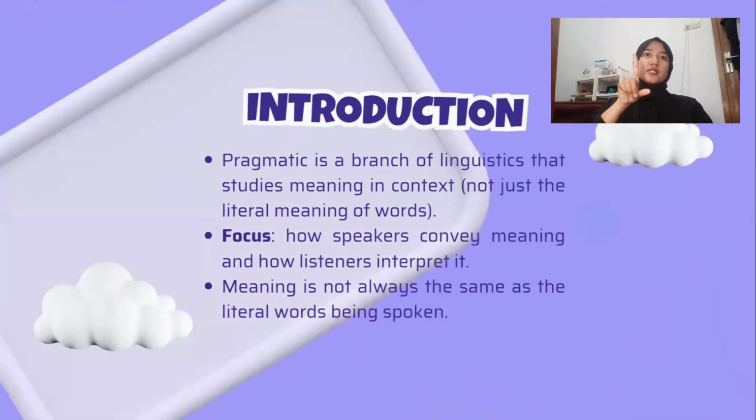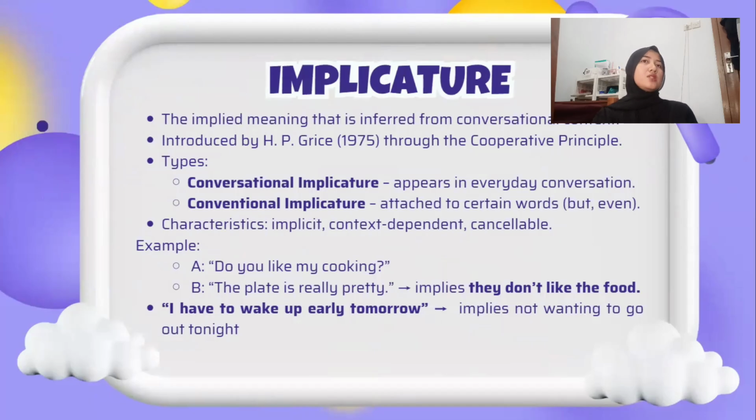And then the first is implicature. Implicature is the implied meaning that is inferred from conversational context. It was introduced by H.P. Grice in 1975 through the cooperative principle. The types of implicature are conversational implicature and conventional implicature.